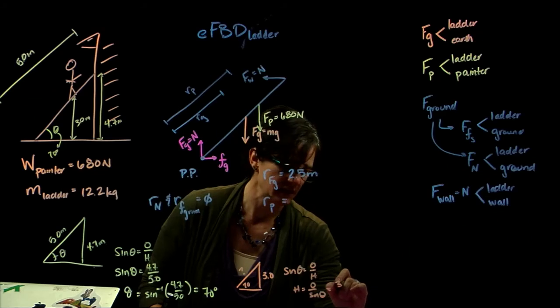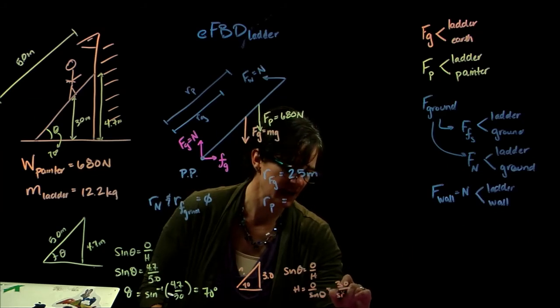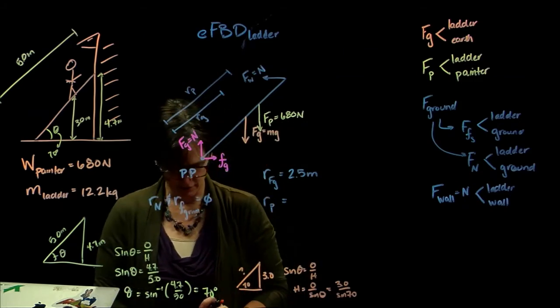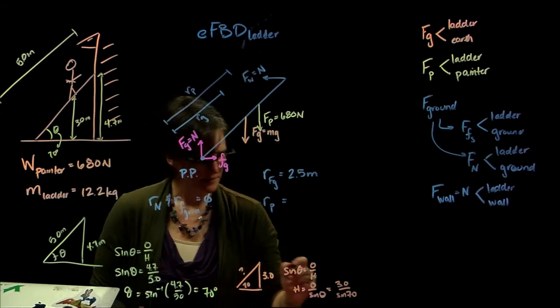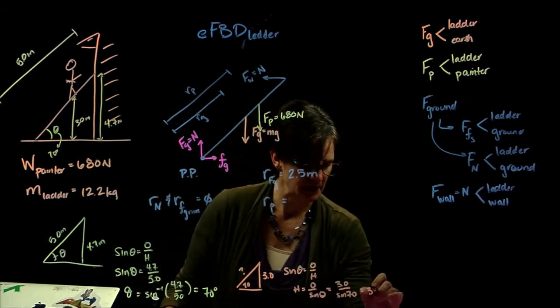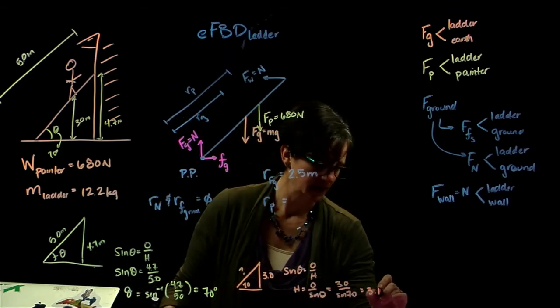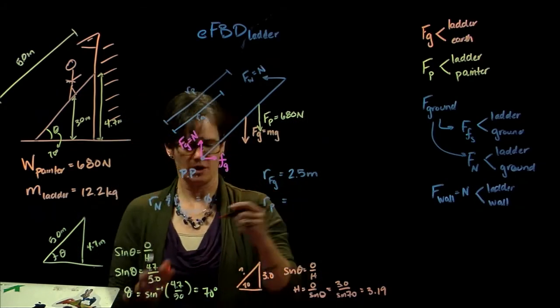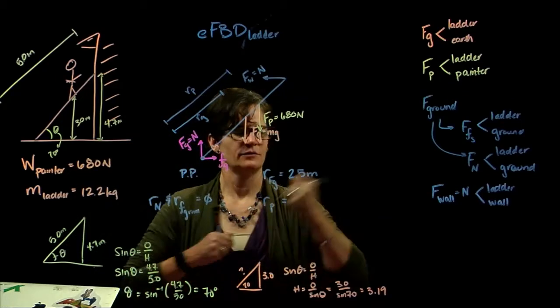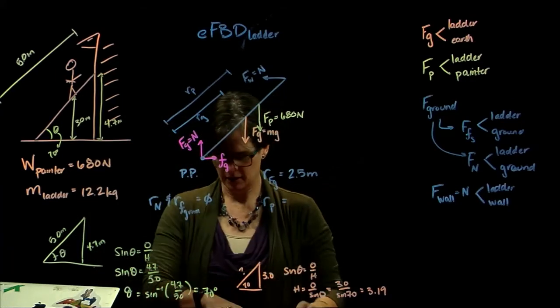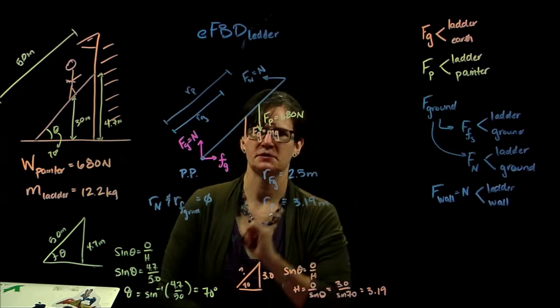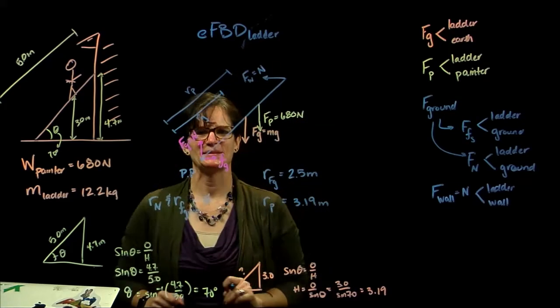So we have 3.0 over the sine of 70. 3.0 divided by the sine of 70 equals 3.19. All right, so our radius for the painter is 3.19 meters. So that length.